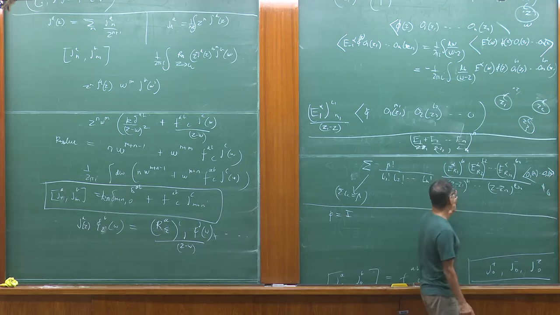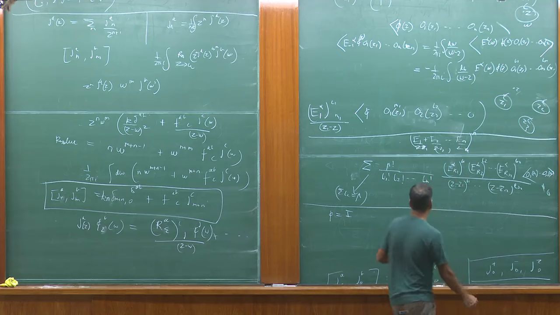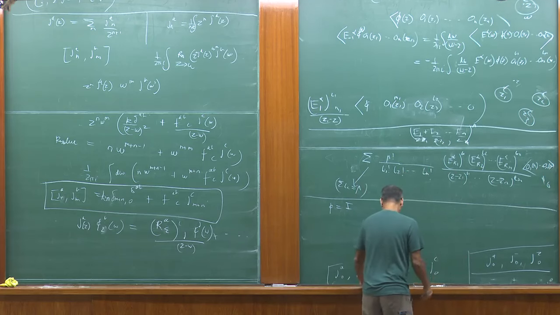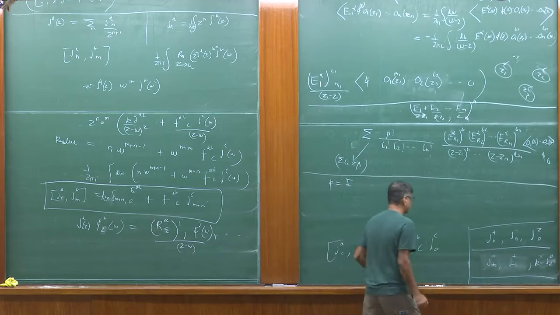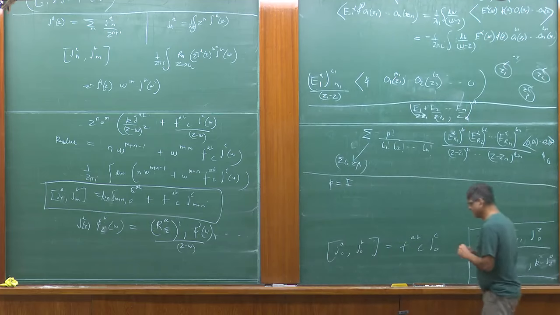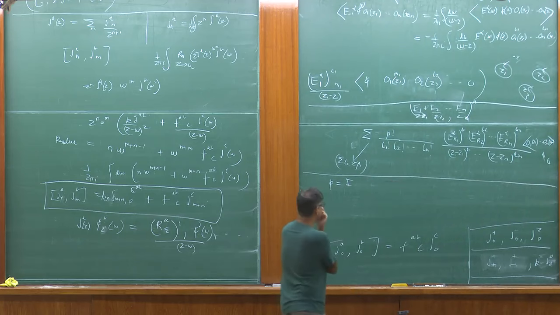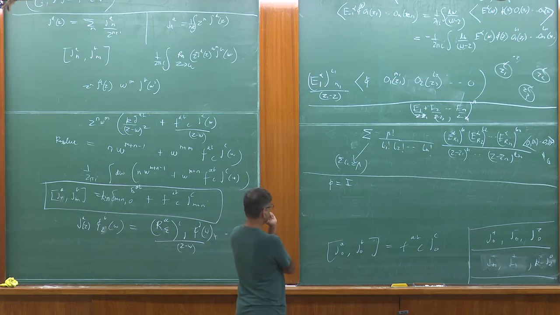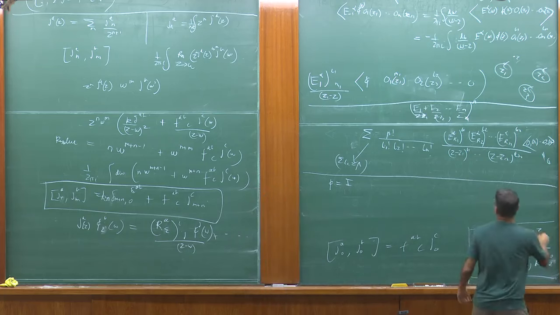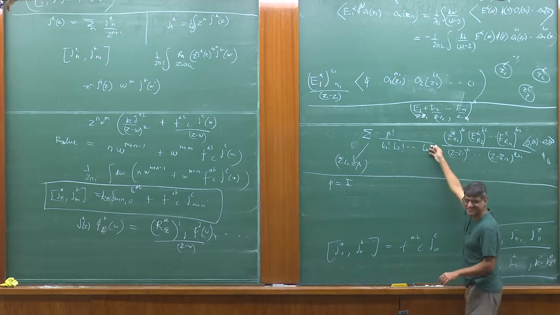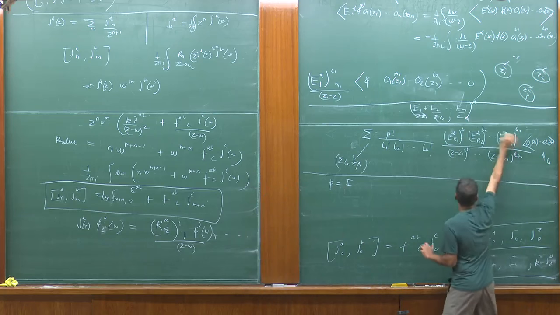Let me say that more clearly. What I want to argue is that the only way that this can be 0 for all Z is that each of these coefficients is 0.